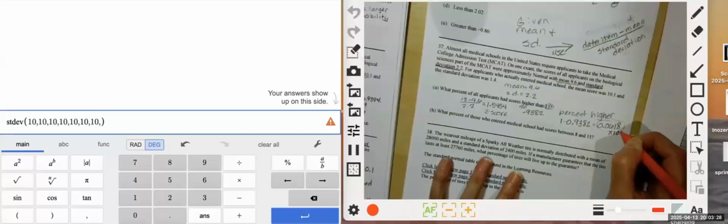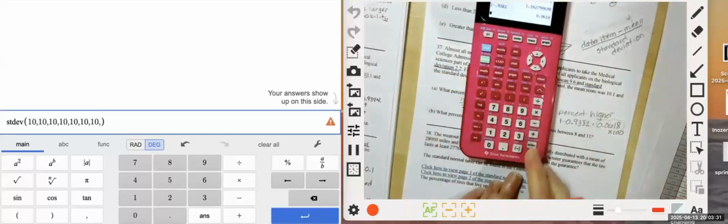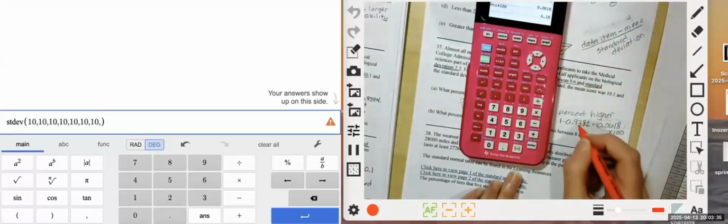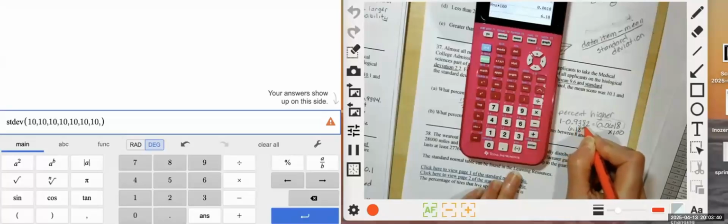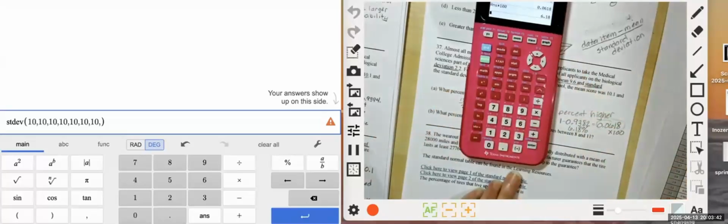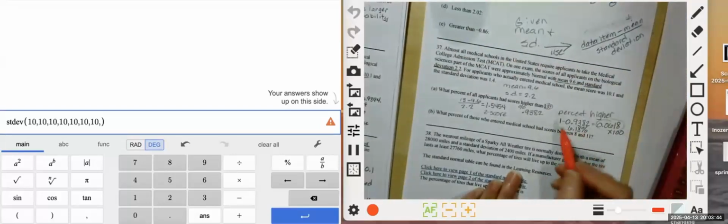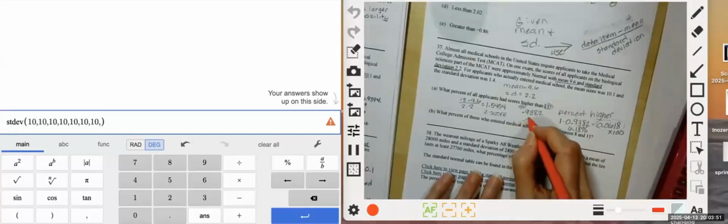You just multiply it by 100, which is the same as moving the decimal point over 2 places. So this is 6.18 percent. To get the percent higher, you subtract from 1, because 0.9382 is the part that is lower, and it wants to know how much is higher.